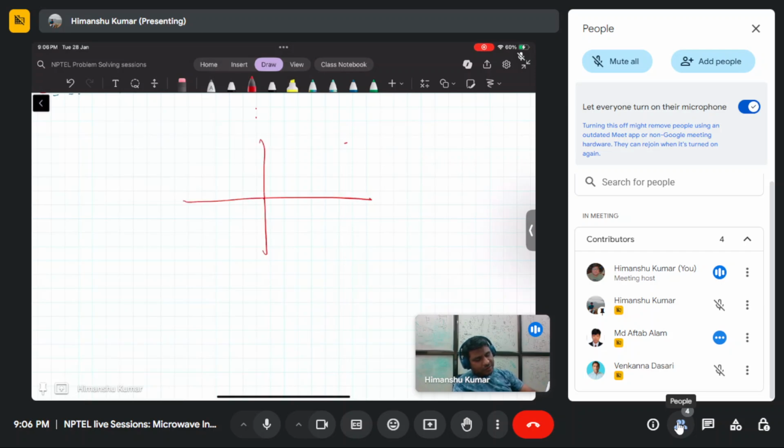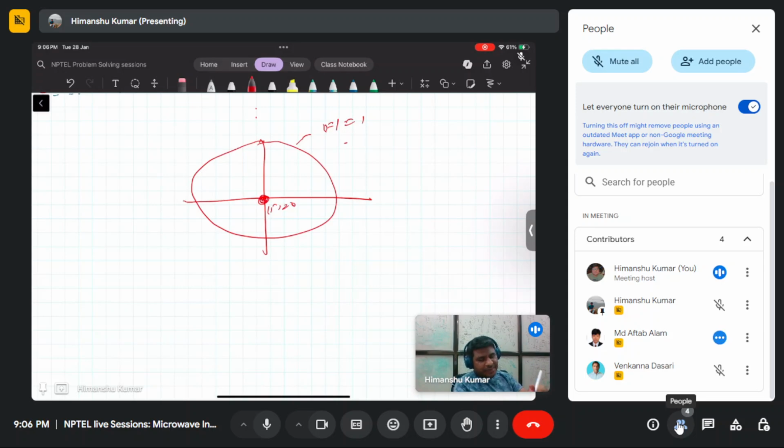If you draw this circle, then this is the gamma equals one circle, which has the highest reflection, and at the center it is the gamma equals 0 point. In between, gamma is between 0 and 1. So the impedance matching is at the center point actually.